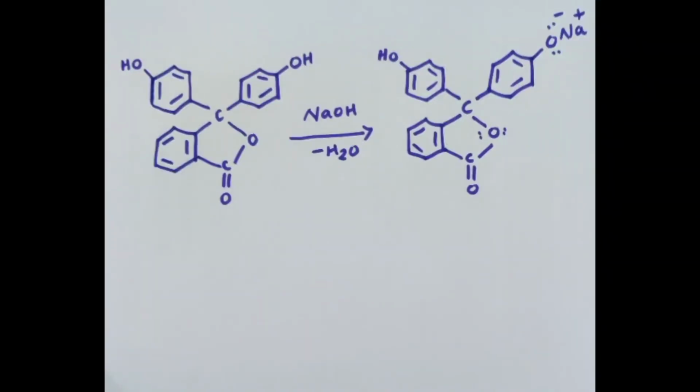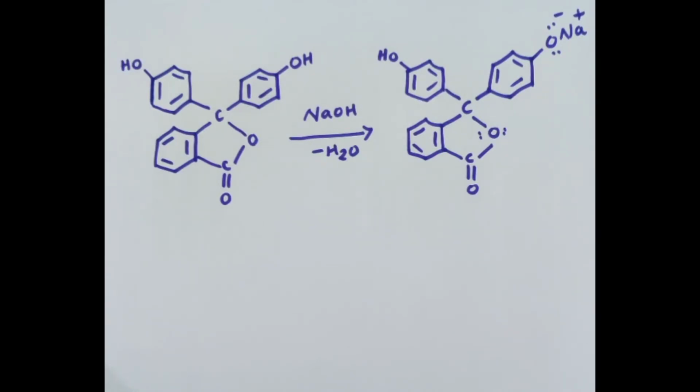Another interesting factor about phenolphthalein is when it is treated with alkali. It first turns red, but on addition of an excess amount of alkali, that is NaOH, it turns colorless again.